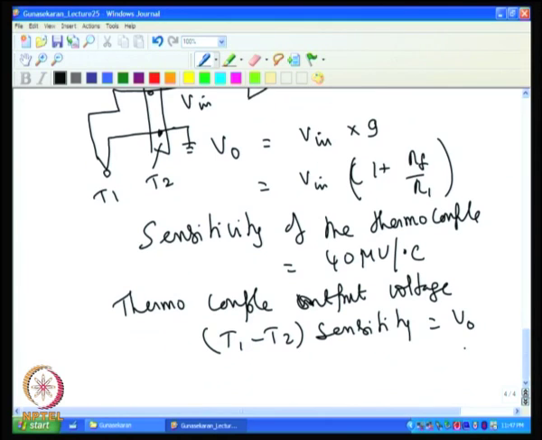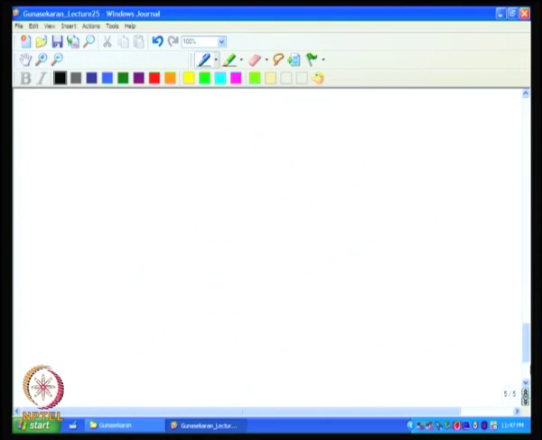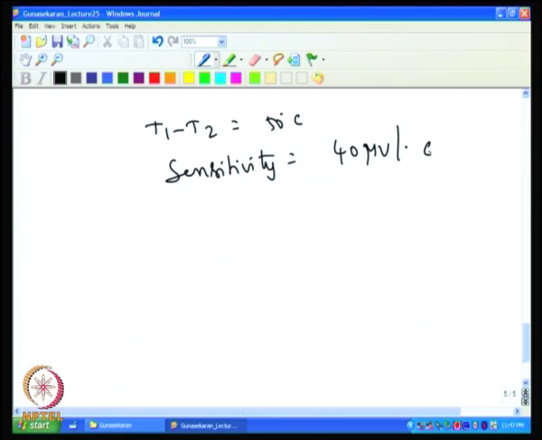By taking the difference in temperature, we can get the output voltage. For example, if T1 minus T2 is say 50 degree C, and the sensitivity for most thermocouples is roughly 40 microvolt per degree C, then V out comes 50 into 40 microvolt, that comes to 2 millivolt.